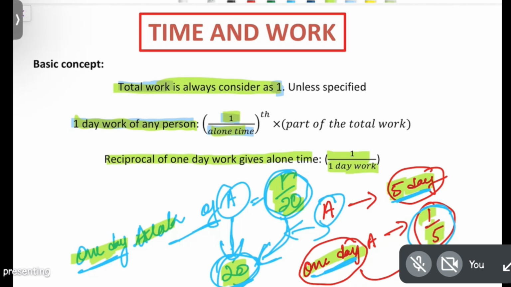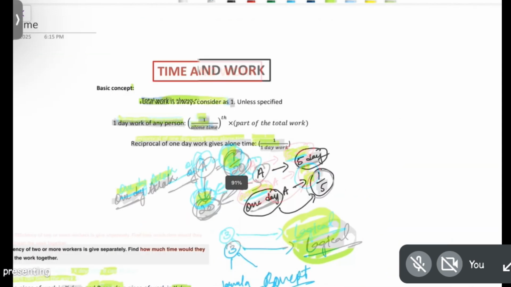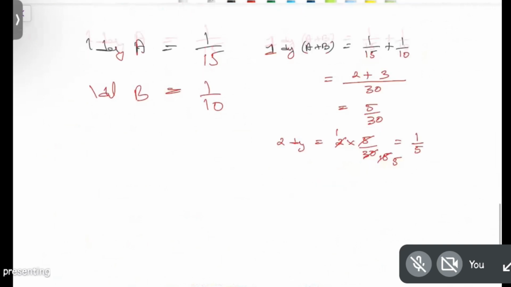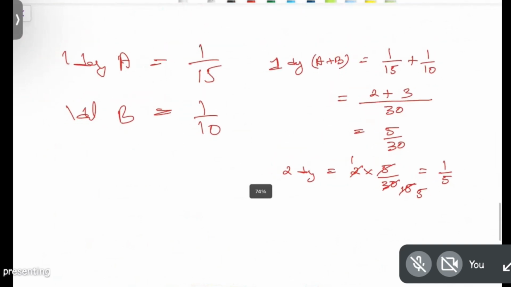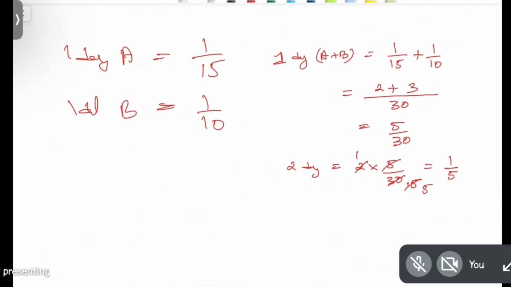But in probability also, what we do is we assume 100% is 1. Same thing goes for this. If you're going by the basic concept or basic formula, we assume that 100% is 1. So that's what I'll use here. So in 2 days, A and B together have done this much work.